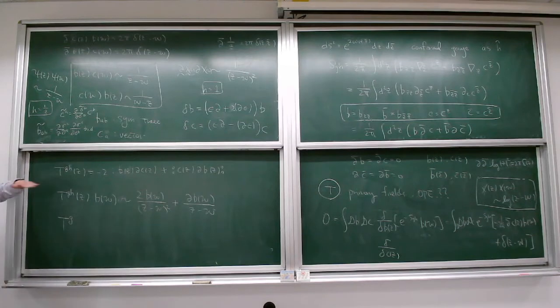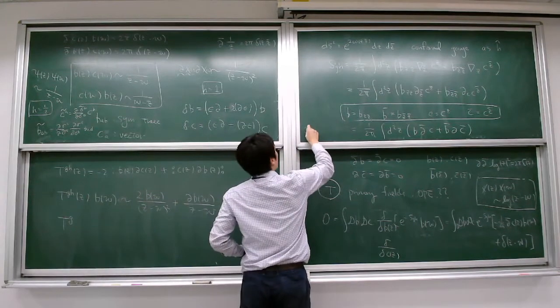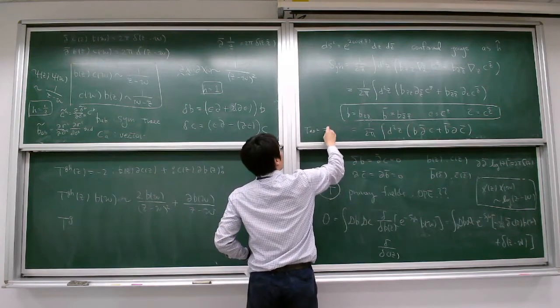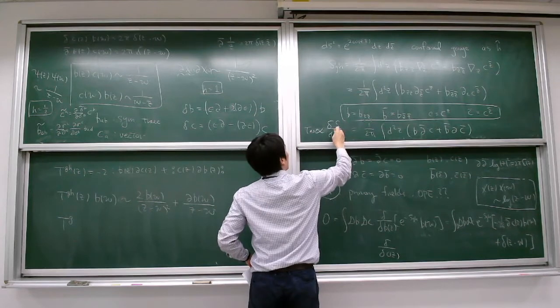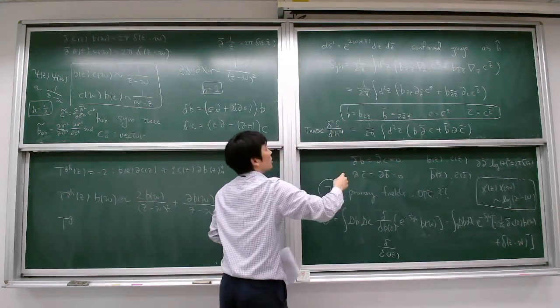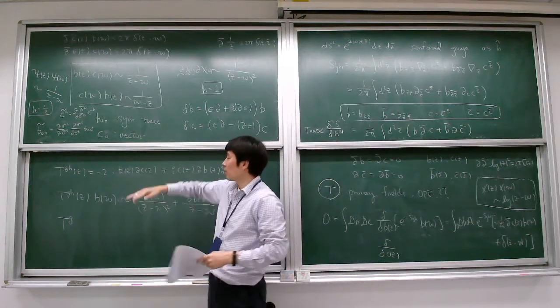And this one indeed can be obtained from the action. As you notice, T_AB is proportional to del S del H_AB. So you start with the original action, take the variation with symmetric, and you can get this one.